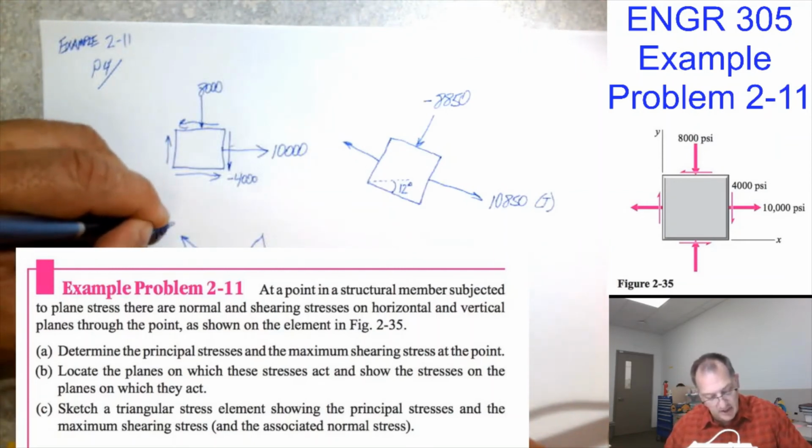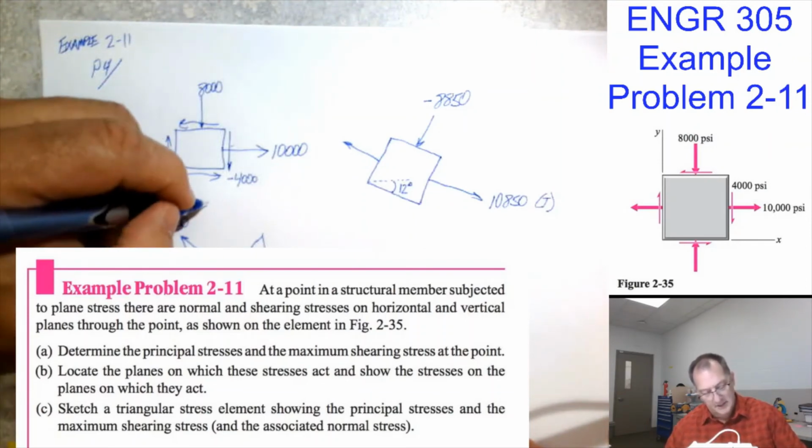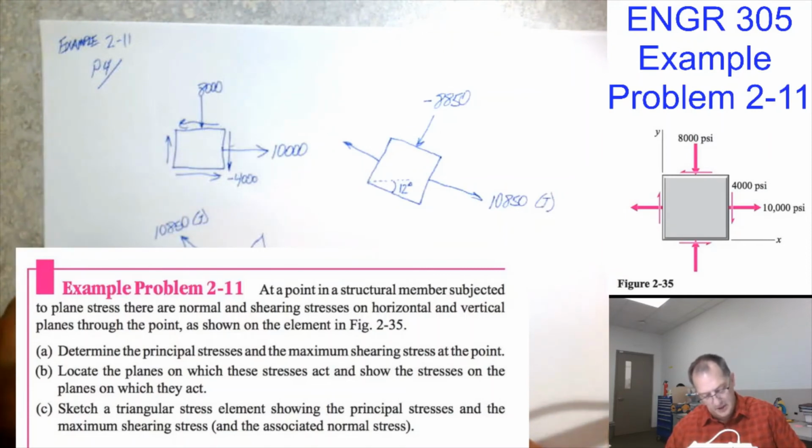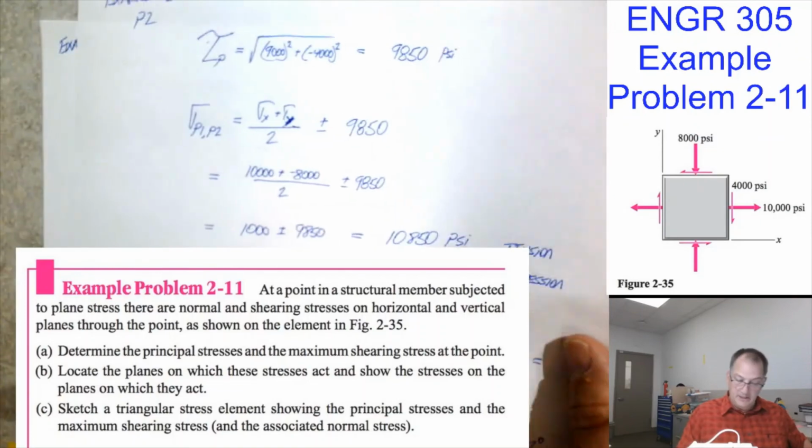And this face has 10,850, and this face has 8,850, and I'm going to put negative. I'll label this: this is tension, that's compression, and then I've got a shear that I calculated and I forgot. I think it was 9,000. Is that on page 2?